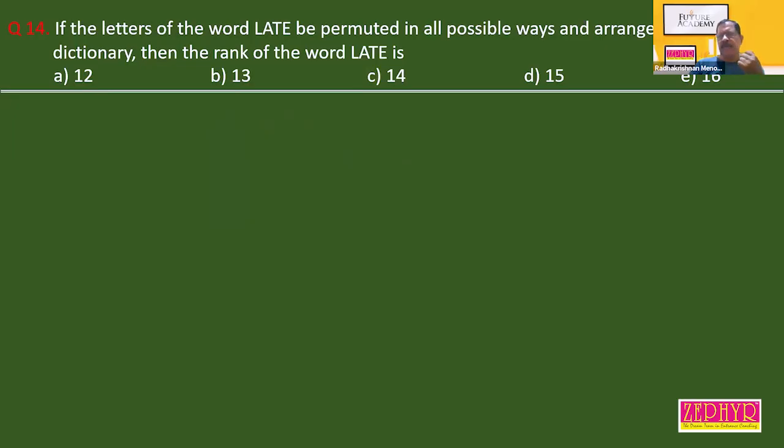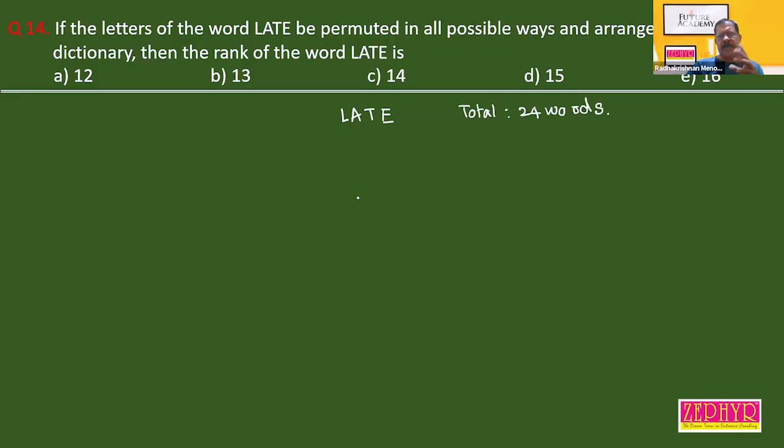Rank means, if you consider all the words which can be written using the letters of the word LATE, rearranging the letters of the word LATE, how many words can you write in total? 24 words. All the letters are different, so you can write 24 words.